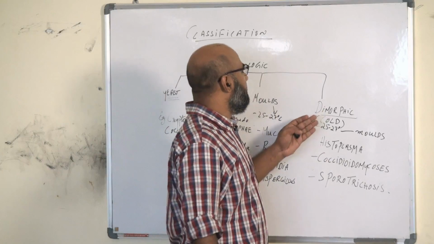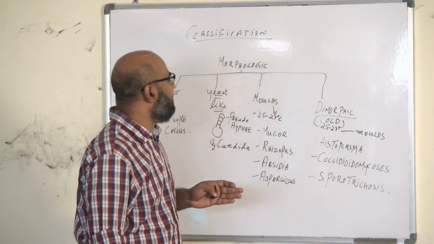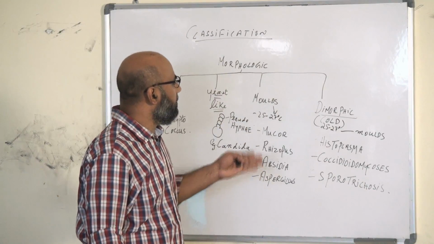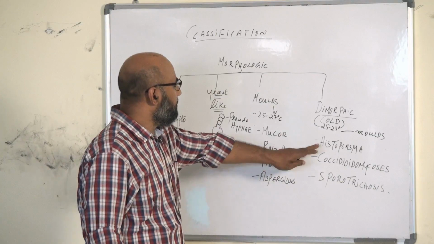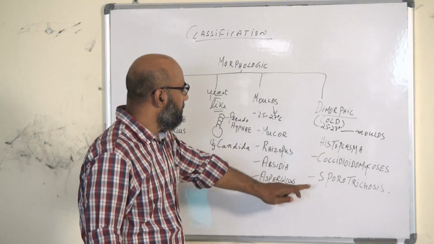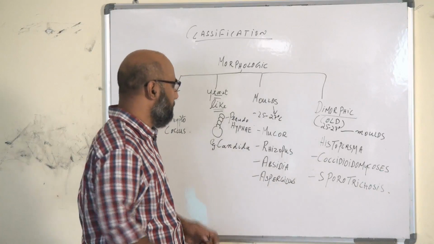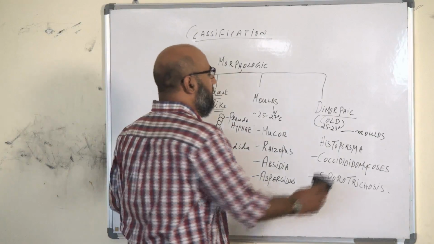And the last one is the dimorphic, which are occurring in two forms at two different temperatures: cold temperature, mold; higher temperature, yeast. Examples of these are the histoplasma, coccidioidomycosis, sporotrichosis, and so on and so forth. Okay, so that is the first classification that we have learned.